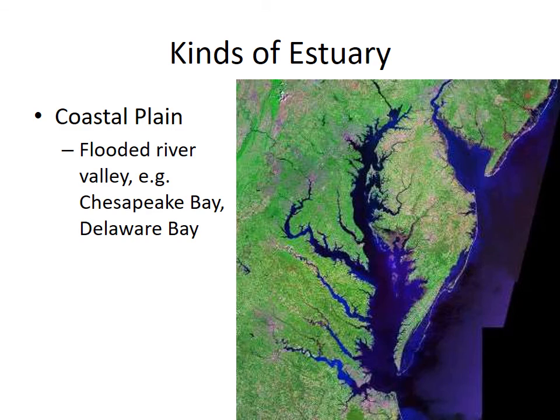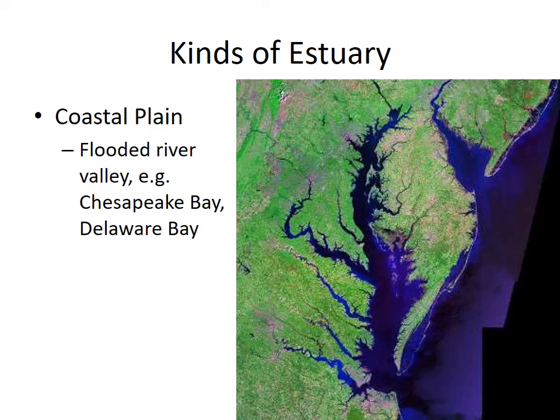First, the coastal plain or drowned river valley estuary. These estuaries form as sea level rises and floods into the valleys that were carved by the erosional forces of river flow across the landscape. So rivers carve valleys across the landscape, and the valleys tend to have branching, snaking forms just due to the natural erosional processes.